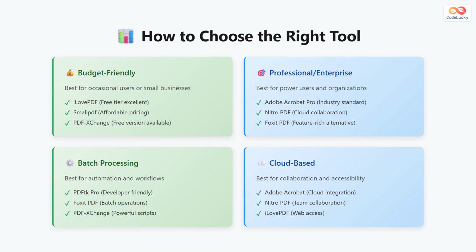If you need batch processing and automation, PDFtk Pro is developer-friendly, Foxit PDF supports batch operations, and PDF-XChange has powerful scripting. For cloud-based work, Adobe Acrobat provides cloud integration, Nitro PDF enables team collaboration, and iLovePDF is accessible from any browser.